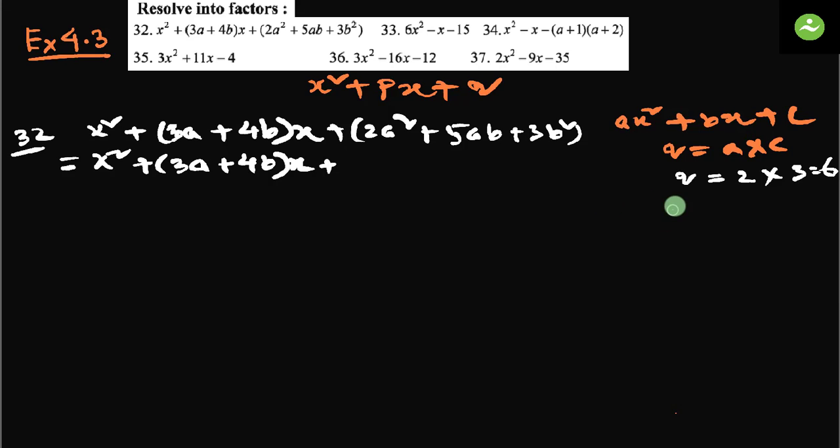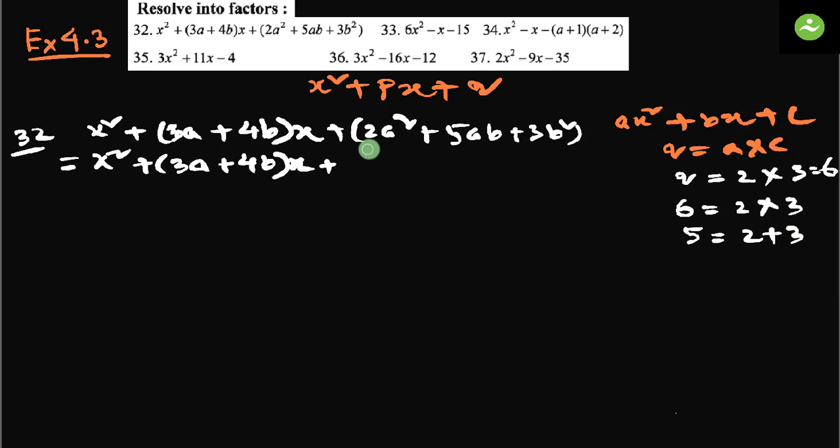Now, like before, we have to find two factors of 6, so that the product is 6 and the sum is 5. So the sum will be 5 and the product will be 6. What are the factors? How about 3 and 2? Yes, 2 into 3 and 2 plus 3.